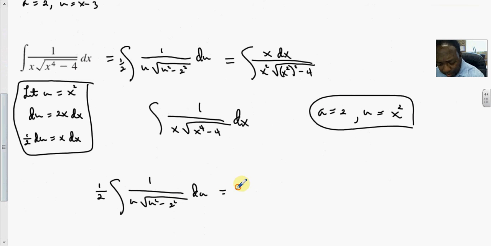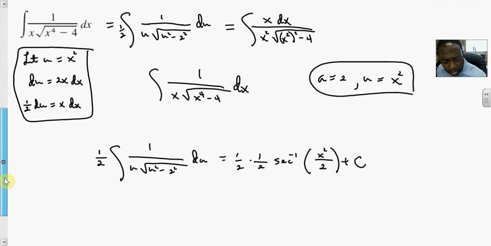So we write our answer. This is the 1/2 from here. For that secant inverse, you got to have 1 over a on the outside. Well, a is 2. This is times secant inverse of the absolute value of u. But u is x squared, so x squared is already positive, so no need for the absolute value. That's redundant. Divided by a, which is 2, plus constant.